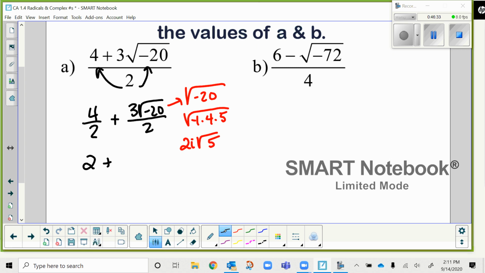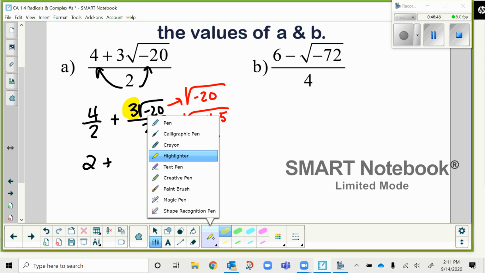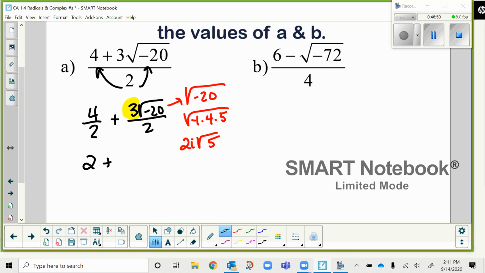Which is grand and okay. But what was outside that negative 20 radical? Do you see something outside there? We cannot forget about this 3. So I have to do the 2i that's on the outside times that 3. So this is really 6i radical 5 over 2.